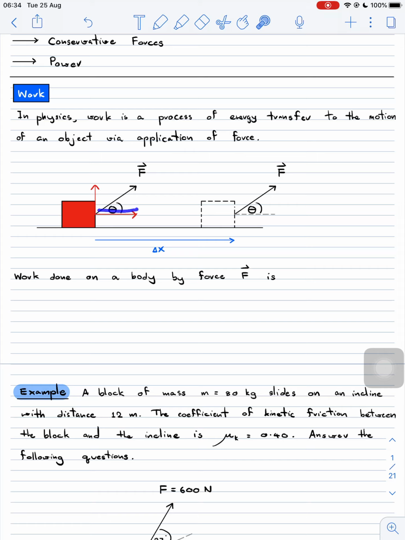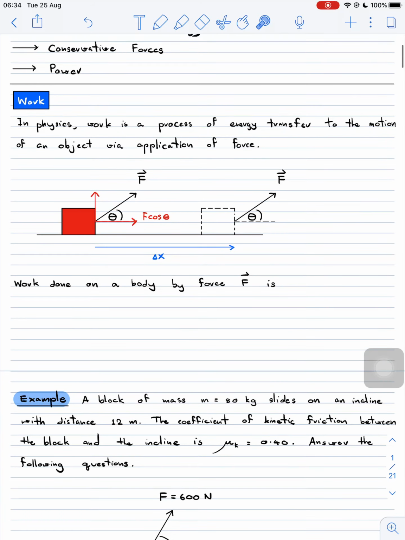This component is equal to F times cosine theta, and this component is equal to F times sine theta. So you can see that the one that makes the object move along the horizontal axis is the horizontal component of the force.